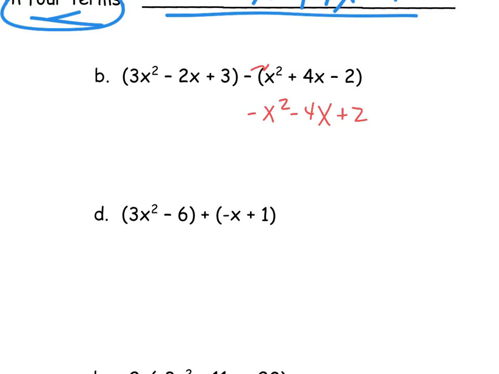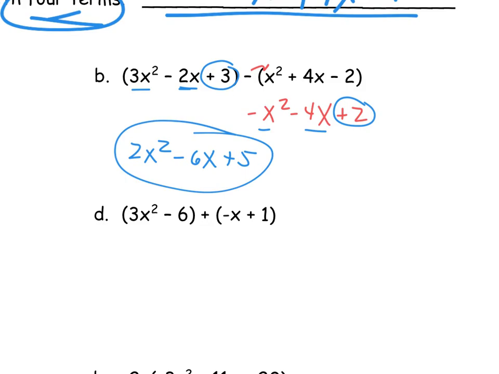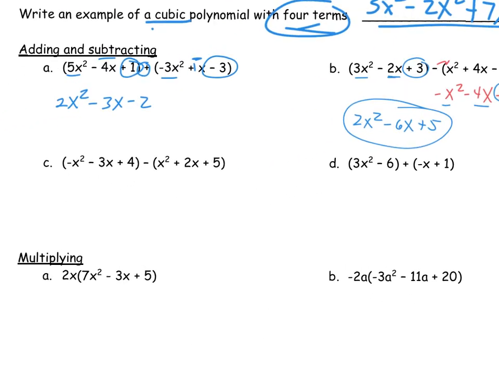And then just start combining the like terms. So 3x squared and negative x squared, that's 2x squared. Negative 2x and negative 4x, that's going to give me negative 6x altogether. And finally, the 3 and the positive 2 is going to give me 5. So that would be my answer there.